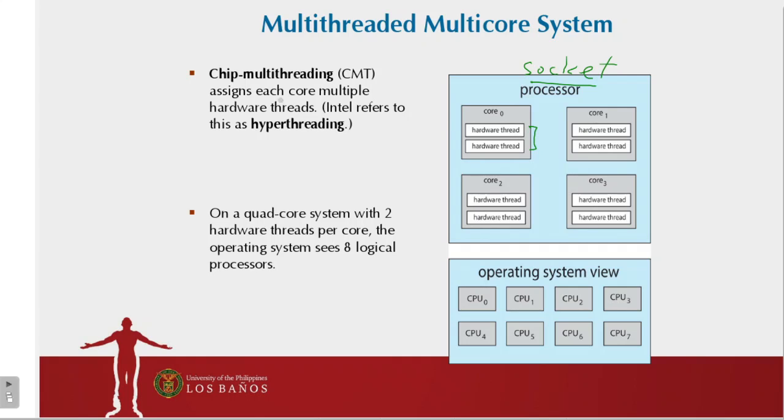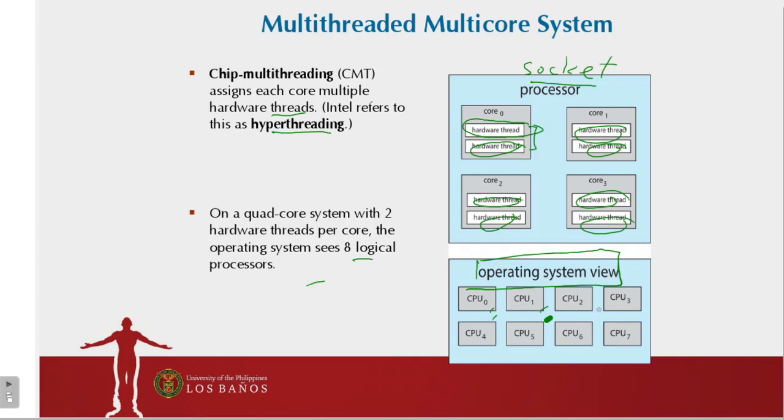Okay. So chip multithreading assigns each core multiple hardware threads. Intel refers to this as hyperthreading. And on a quad-core system with 2 hardware threads per core, the operating system sees 8 logical processors. So this is 1, 2, 3, 4, 5, 6, 7, 8, and the operating system will see that as 8 logical CPUs.